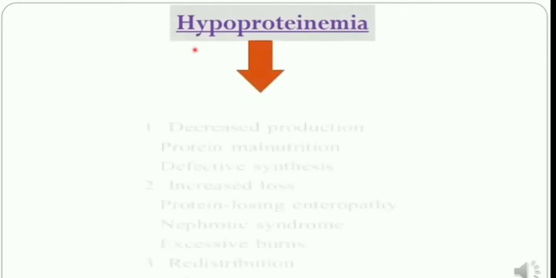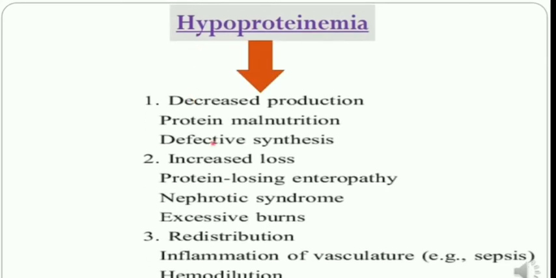The causes of hypoproteinemia are categorized into 3 chief causes, that is decreased production, increased loss or redistribution. The decreased production may be due to protein malnutrition, defective synthesis, whereas increased loss can be due to protein losing enteropathy, or it can be due to nephrotic syndrome, or it can be due to excessive burns.